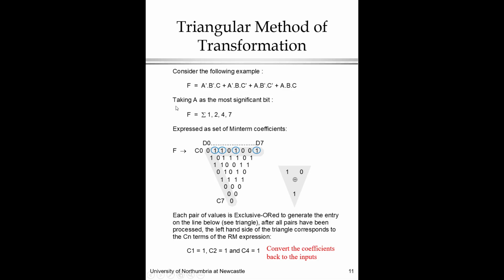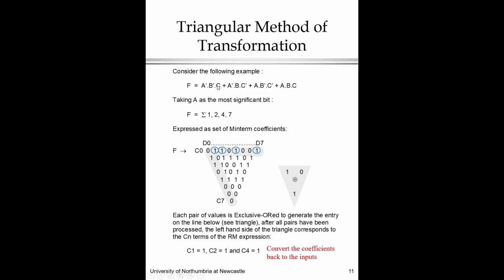Taking A as the most significant bit, the MSB of the circuit, and C as the LSB, same goes for the others. We are going to convert this Boolean expression into the coefficients.